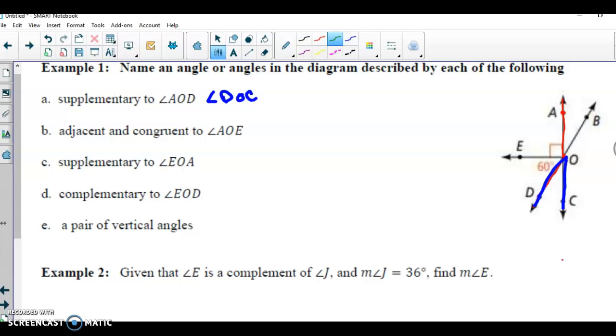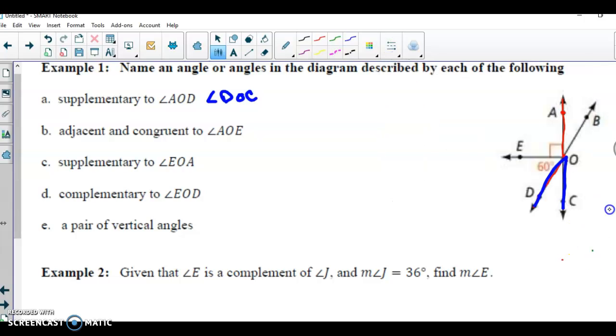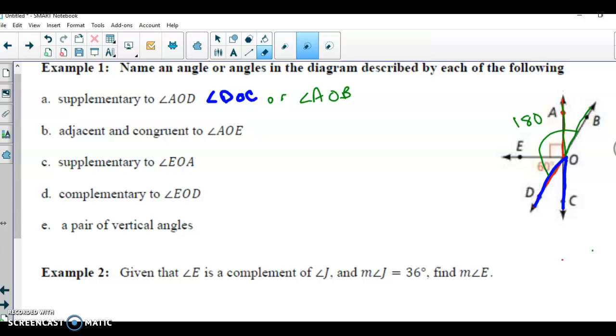You could also go the other direction from that angle. If you look at AOD and look at AOB, together those two things would add up to 180. So you have two possible answers there. All right, B, we want one that is adjacent and congruent to AOE.